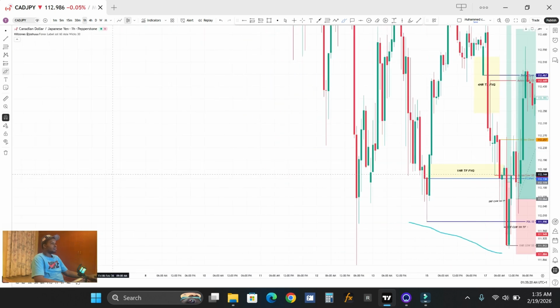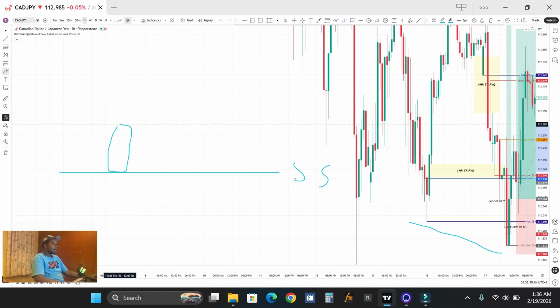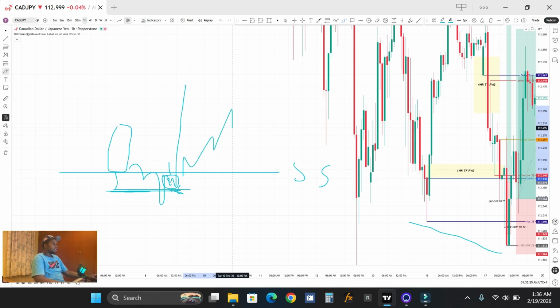For example, if price sweeps a liquidity level, let's say this is a liquidity level, this is a low, I wait for the 1 hour candle to close, and then it's weak to get swept, and a 30-minute candle closure above this level, this marked 1 hour weak low, or we call it 1 hour low, a 15-minute bullish candle, I buy from there. Any candle closure above this, I enter for buys.